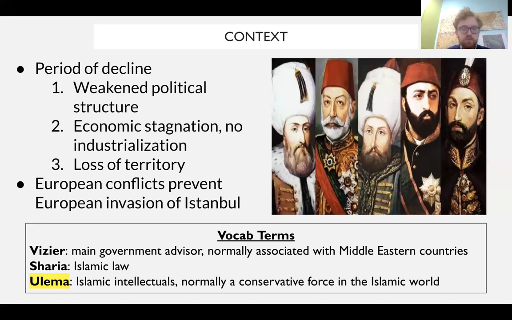And on top of that, the British especially want the Ottomans to stick around because the British want to sell them cheap manufactured goods. The Ottomans and the British have a very close military and economic alliance. So we are going to see British support for the Ottoman state, especially against Russia.